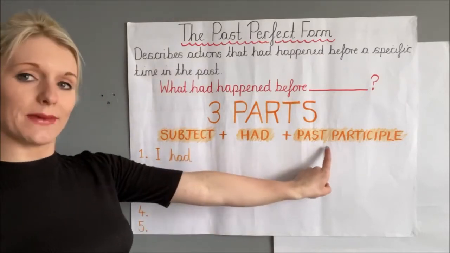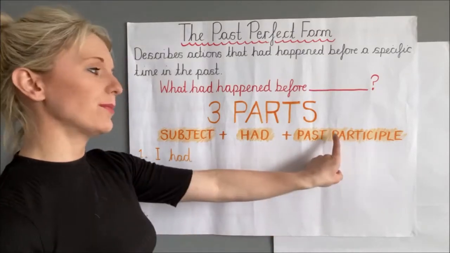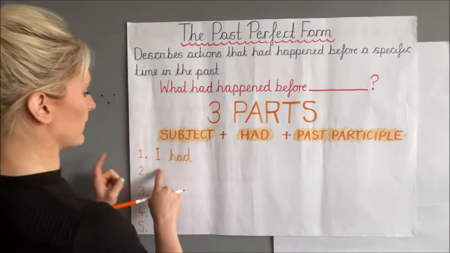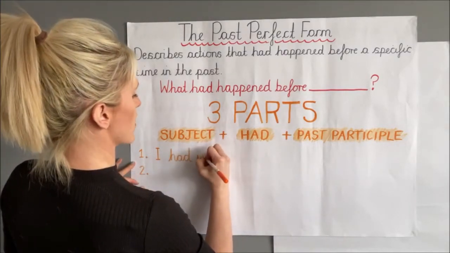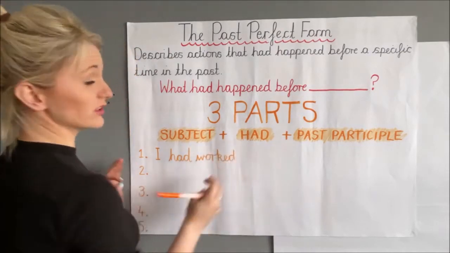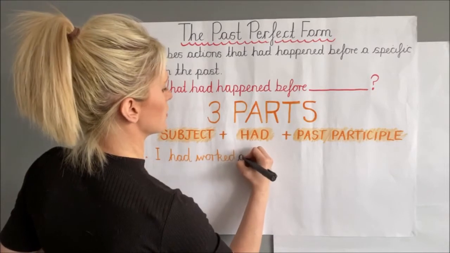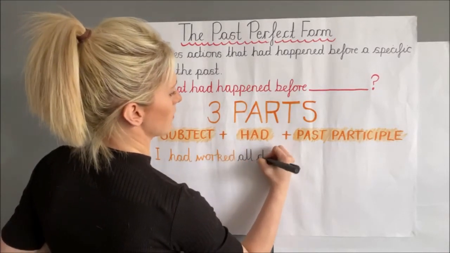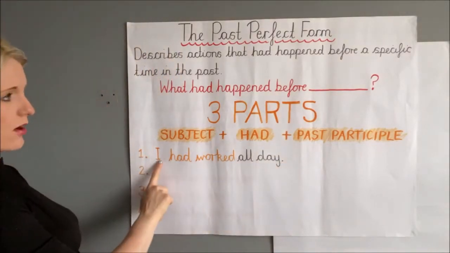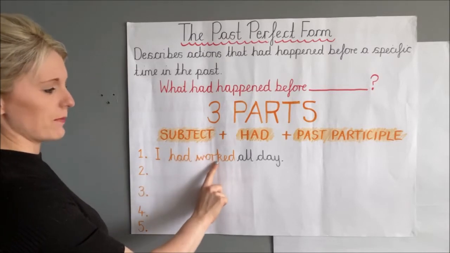And then what had I been doing? The verb I'm going to pick is to work. And the past participle of to work is worked. It's a nice regular one. So I'm going to say, I had worked. And I could just end it there, or I could extend my sentence a little bit and say, I had worked all day. Okay, but this is our past perfect form. It's got our subject, our had, and our past participle.